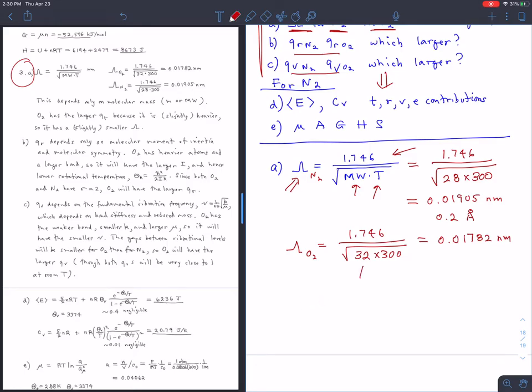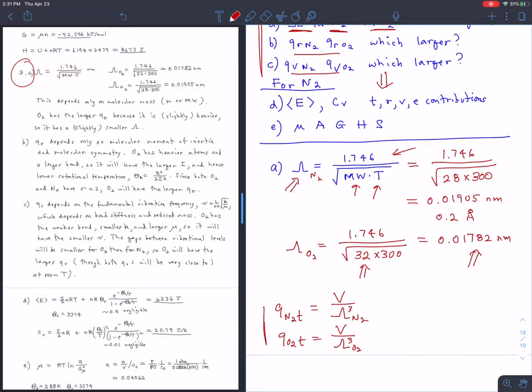So the heavier the molecule is, the shorter the de Broglie wavelength, and then the partition function for N2, the translational one, is the volume over the cube of the de Broglie wavelength. And the one for oxygen is the volume over the cube of the de Broglie wavelength for oxygen.